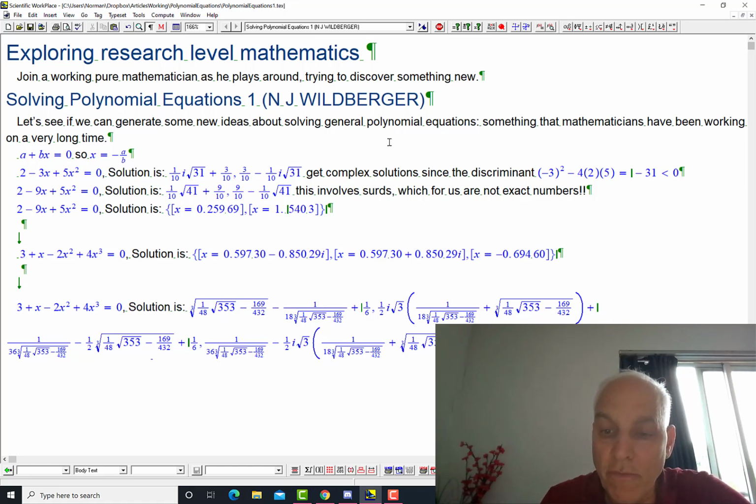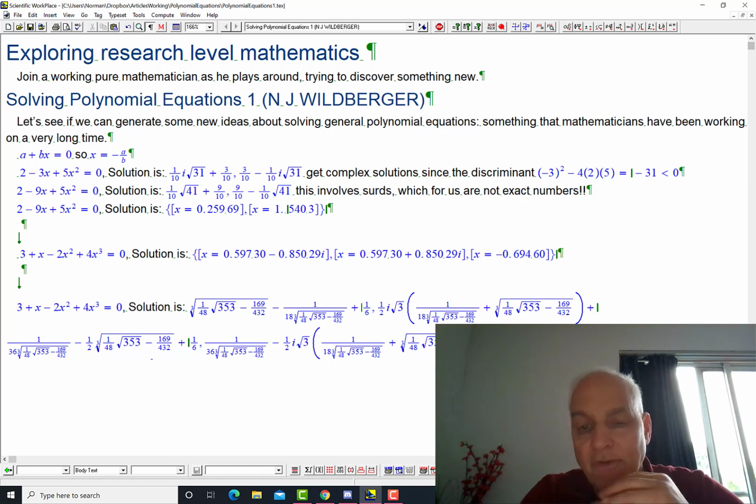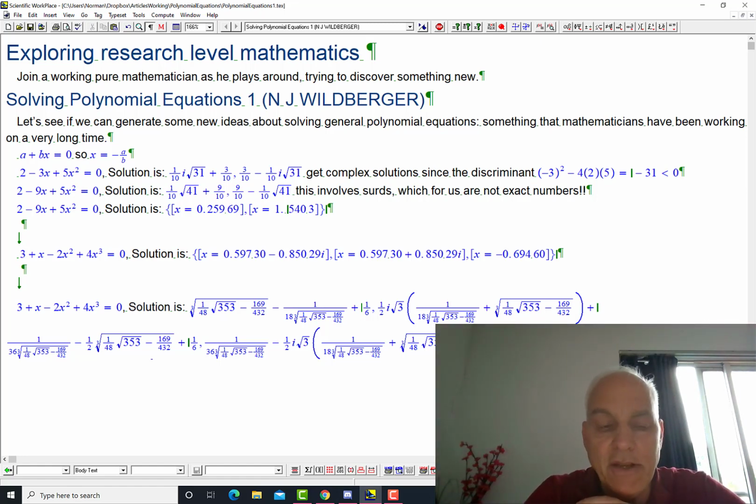They involve cube roots, and also some square roots inside. Of course, this is very unwieldy. To actually use this is almost impossible, at least before the age of computers. So this is really a major stumbling block. People got these cubic equations and they could write down some formulas, but they're really not very useful.